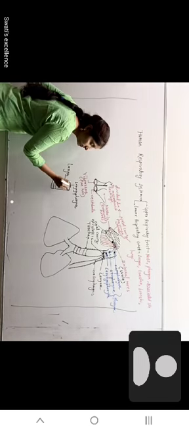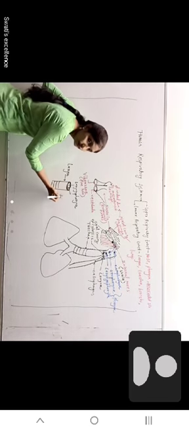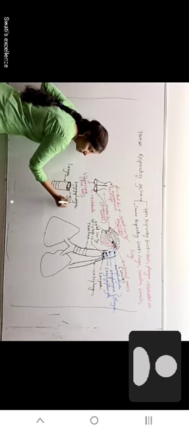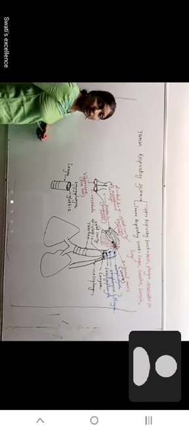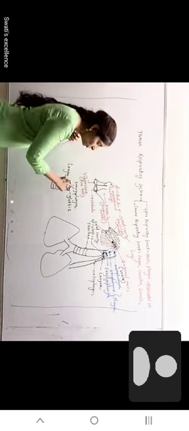Trachea. Okay. The opening of laryngopharynx into larynx is called glottis. What is called? Glottis. Then what is the opening of laryngopharynx into esophagus is called? Gullet. Very good.